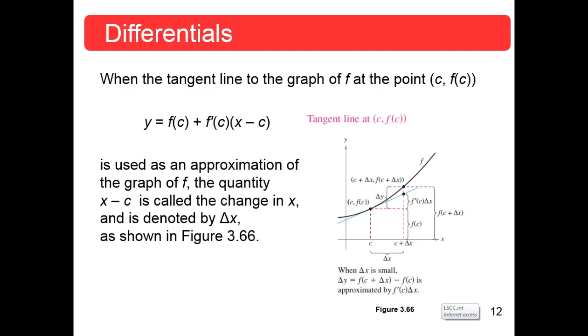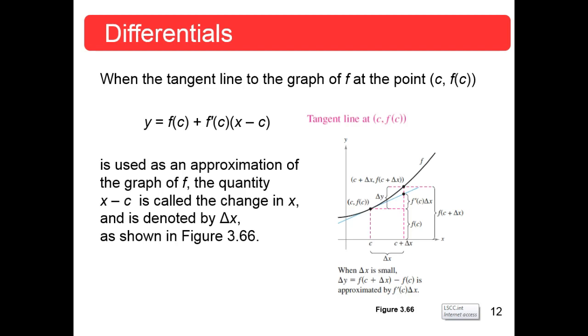The quantity x minus c is called the change in x, called delta x, okay? The change in x. You were at c and you changed a little bit, delta x, okay? Now, with that little bit of change from c to c plus delta x, that's your delta x there, okay?